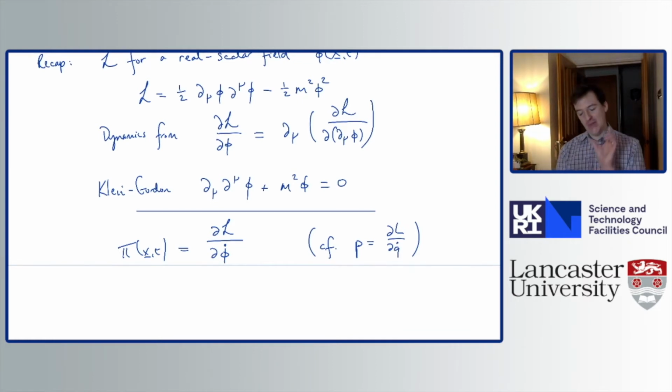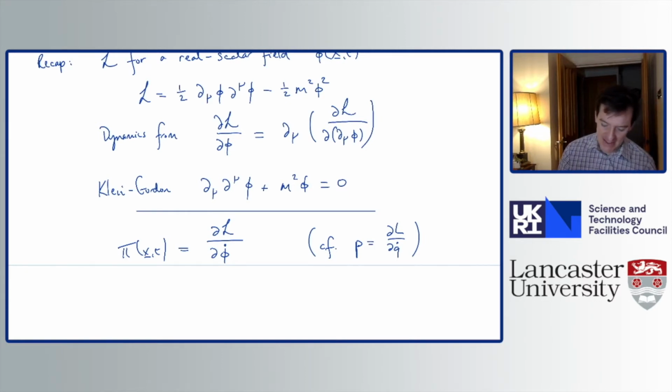Now there is an important difference here. This conjugate momentum that we get is a field. It's not a number. Normally when you think about the momentum associated with some field, you might think about a number, which might have 3 components, px, py, pz. But this is not the momentum that gives you a number. This is a new field.